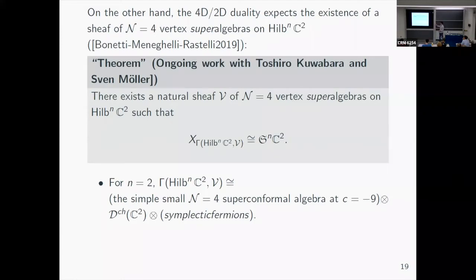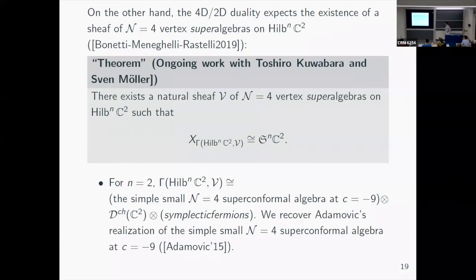So this construction automatically gives a free field realization of the global section. And this free field realization is the same as Adamović's realization of the simple small N equals 4 superconformal algebra. So this is something we are very happy about. Okay, and let me explain one more example, which is class S theory.